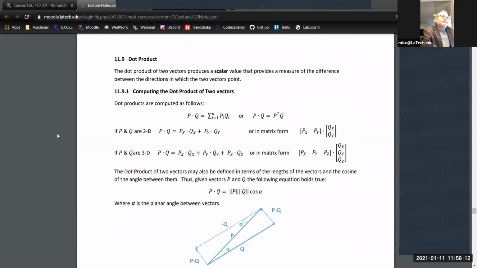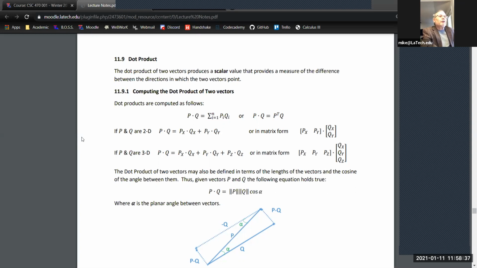These are sort of why we talk about vectors so much. A dot product of two vectors generates a scalar, a number, not another vector.